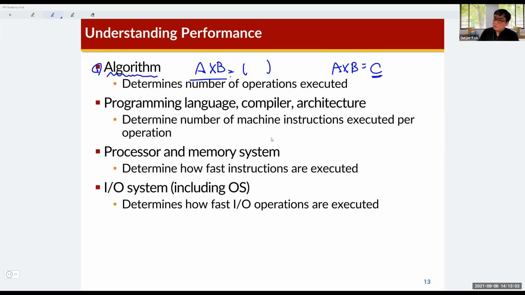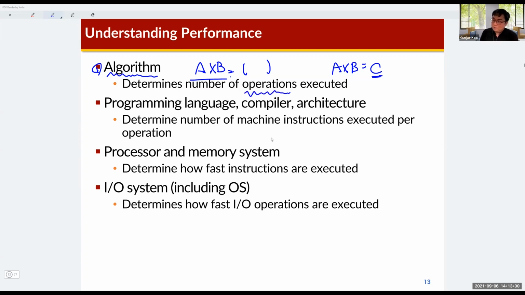So the algorithm is the software part, right? If we write a program for computing matrix multiplication, then we just generate our own program, okay? So this algorithm is the software part. The algorithm determines the number of operations.